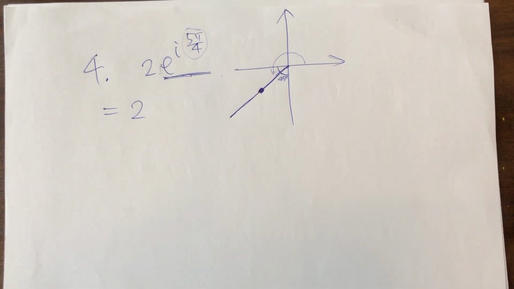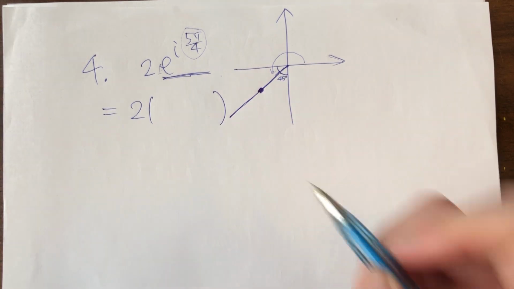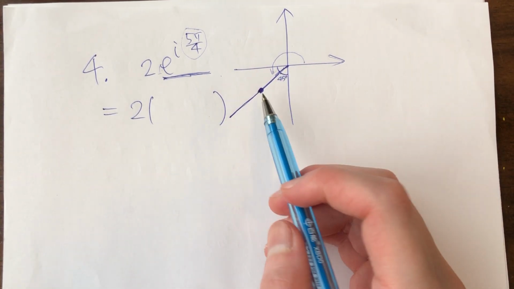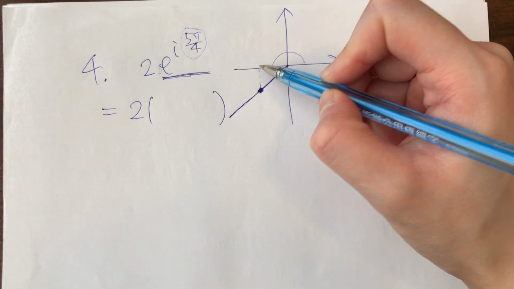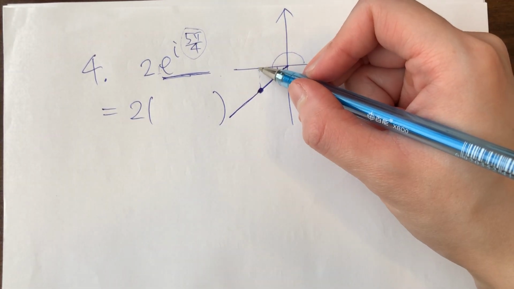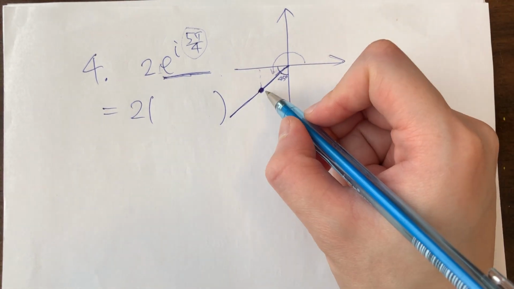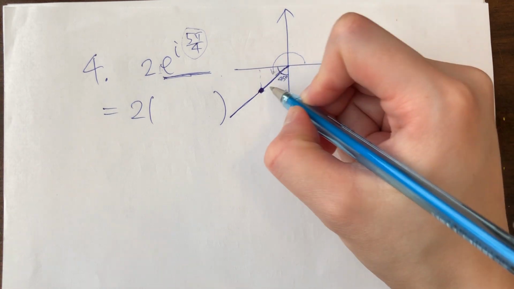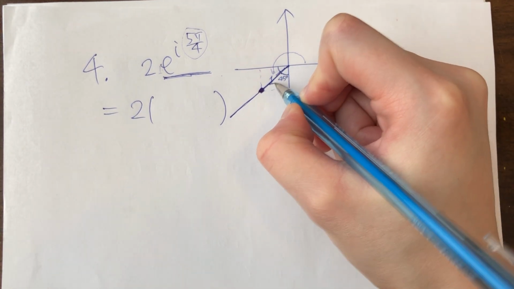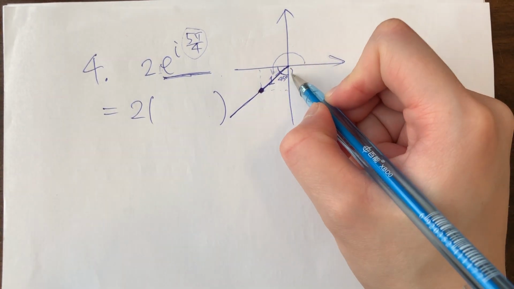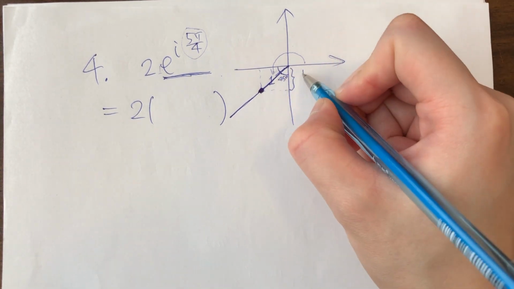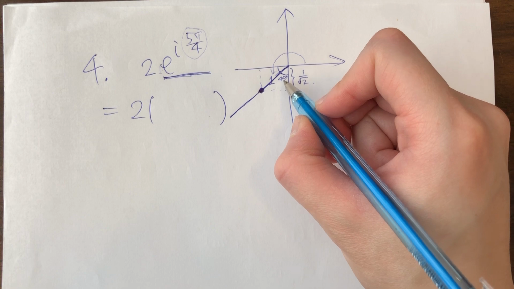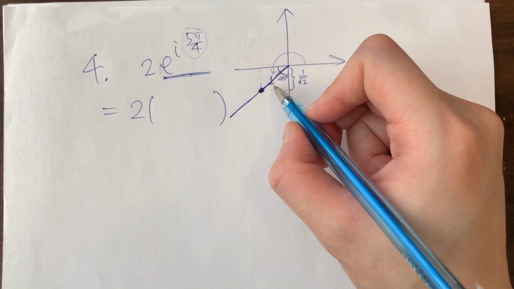So then to write this as the usual a plus bi is just to find the x coordinate, the real part, and the y coordinate of this point, right? So we know this line is 1. Then to get the length of this, it's just 1 divided by square root of 2, because this is a special triangle, right?